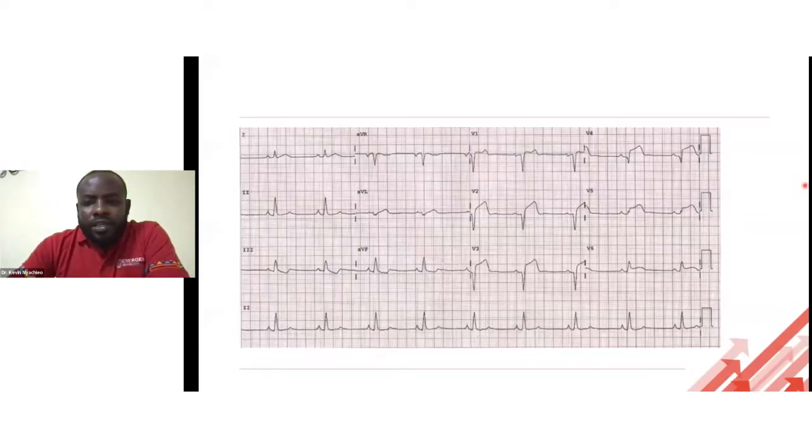Then all of a sudden, or at least you're told initially when he was picked up by the ambulance crew, he collapsed and had a cardiac arrest, but they were able to achieve return of spontaneous circulation in the field. They did good ACLS and he was able to wake up. Then he's brought to your facility. First thing, you connect him to the monitor, you connect the ECG, and you see this. So what are you guys seeing?